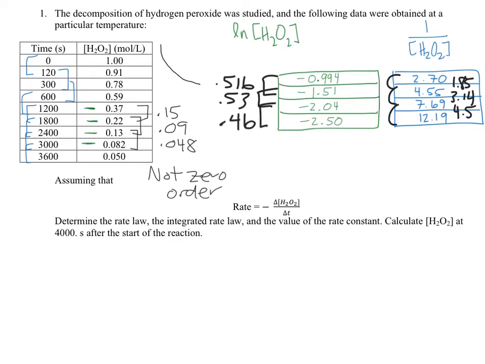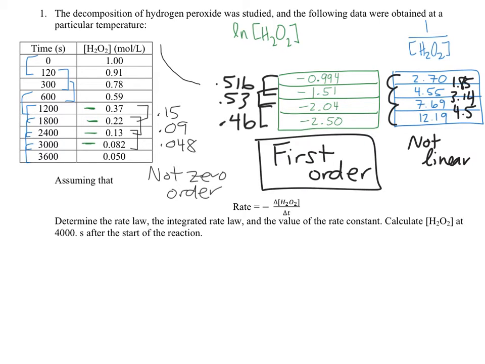These are clearly not linear, which means our data best fits the situation where we have a first order equation. This helps us answer the first two chunks of our actual question, which are determine the rate law and the integrated rate law.